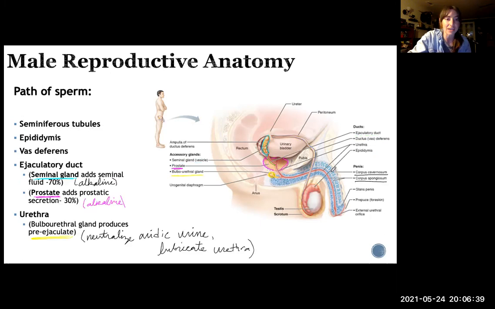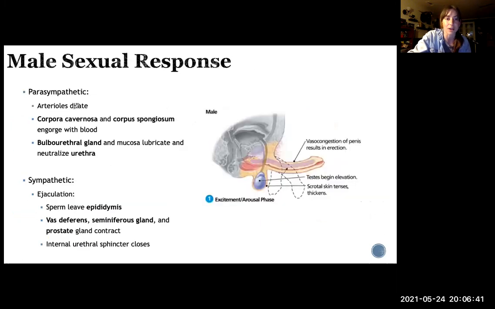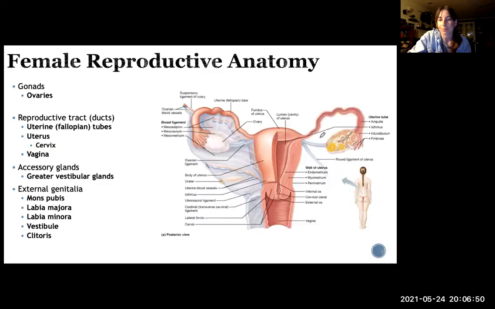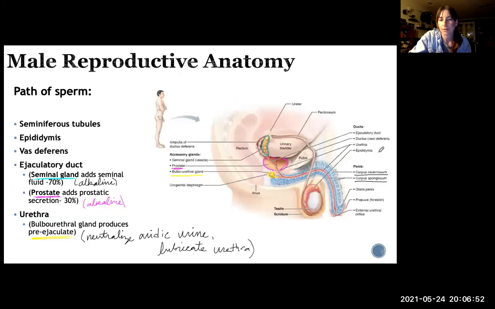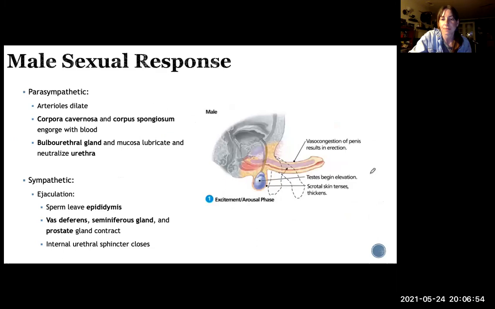And it does that because the parasympathetic nervous system allows the arterioles leading to the corpus cavernosum to dilate.